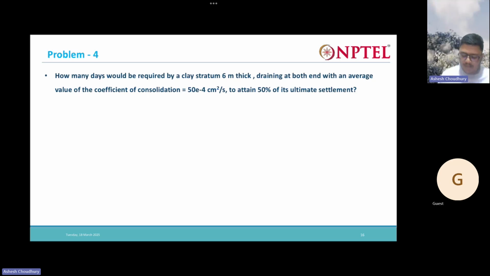Double drainage condition, 6 meter thick clay layer, average value of coefficient of consolidation is given. So how much time will it need to attain 50% of its ultimate, meaning final settlement, 100% settlement? So that we need to find.